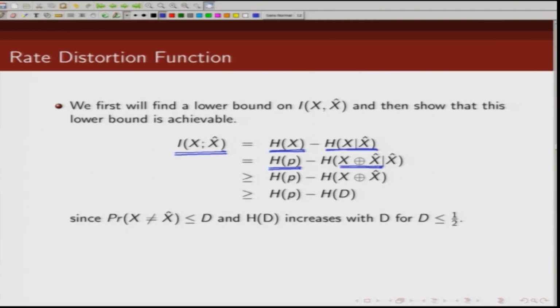Now again, this is conditioned on x hat. If we remove this conditioning, we know that conditioning cannot increase entropy, so h of x XOR x hat is larger.